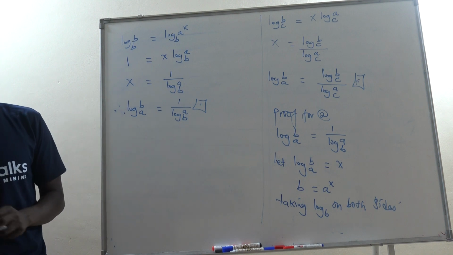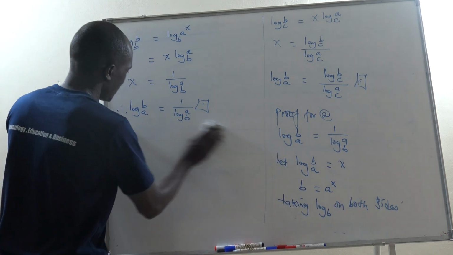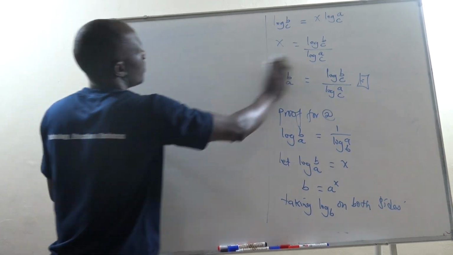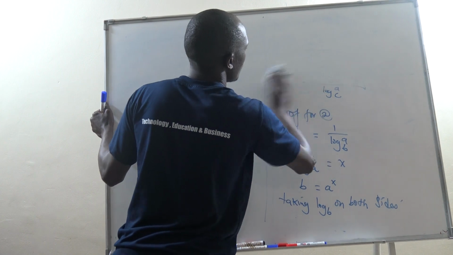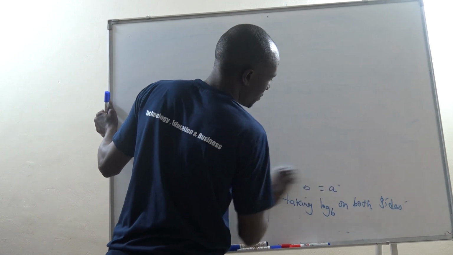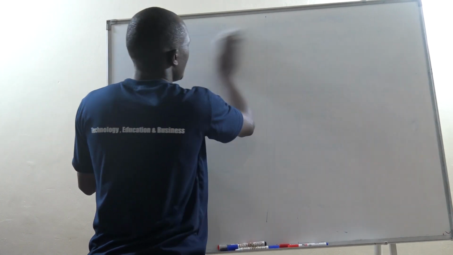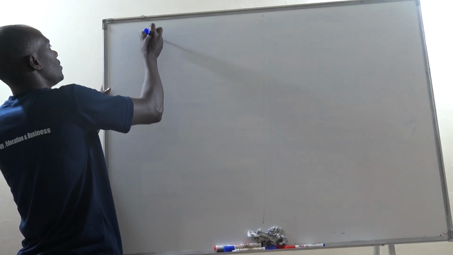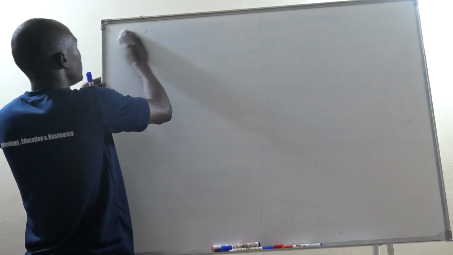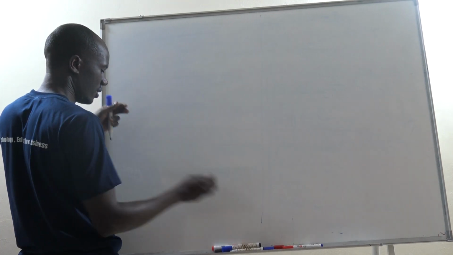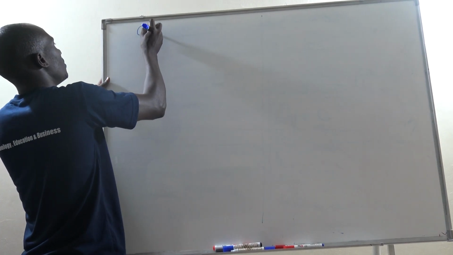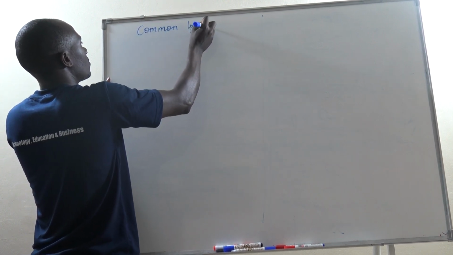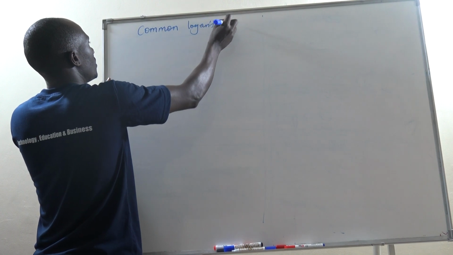So we are going now to look at common logarithms. Try to clean our whiteboard as we are going to go on with a new item. So we are going to look at common logarithms.